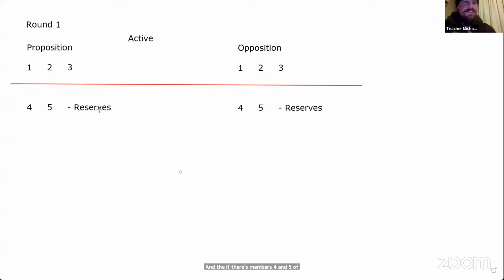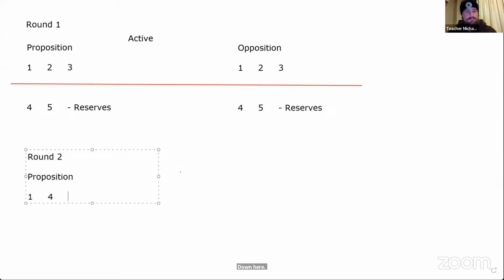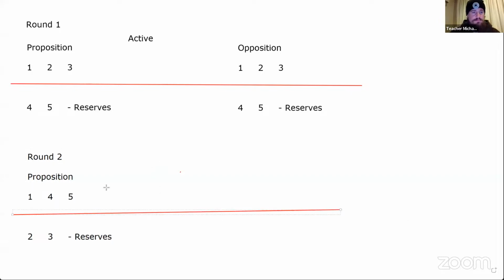If your team makes it through to the next round, we see here that in round 1, team members 1, 2, and 3 are active.